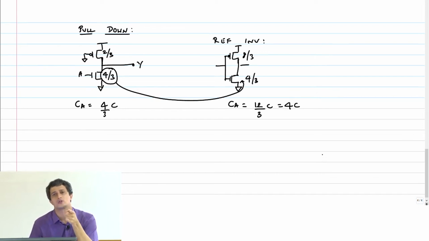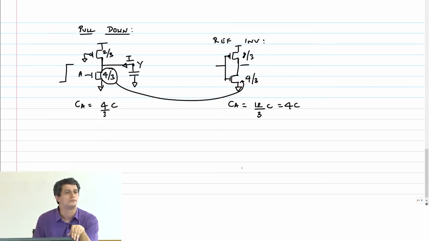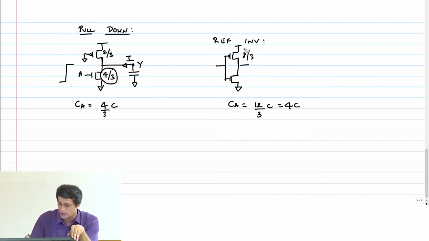Again, go back to how we constructed the unit inverter. Question is not whether the resistance is equal. How much current is available to the load capacitor for discharge is what matters. So here in the pseudo NMOS case, what matters is this current. So input is going instantaneously high. Therefore, we know that the current coming out of this load capacitor should be I. So what you should do is not this, but instead take this I and put the number here.